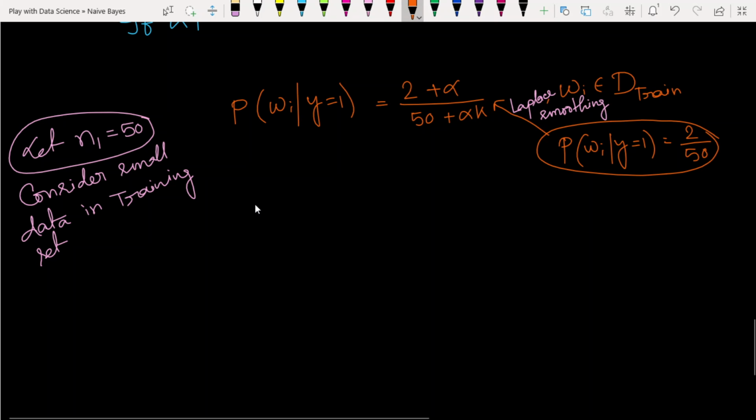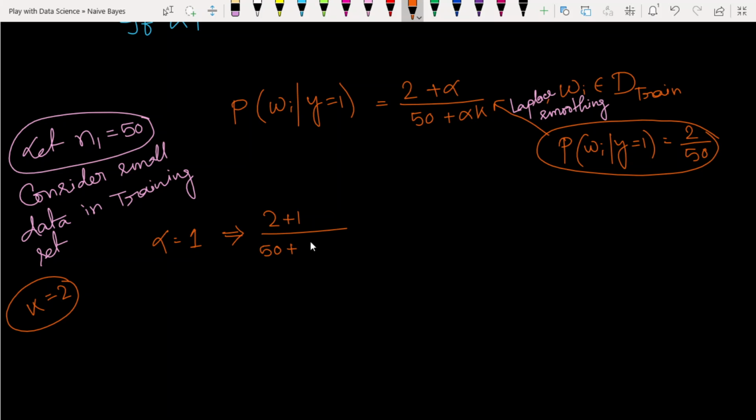So first we put alpha equal to 1. Let's see what the value will be. If we put alpha equal to 1, this value will be 2 plus 1 over 50 plus k, where k is equal to 2.